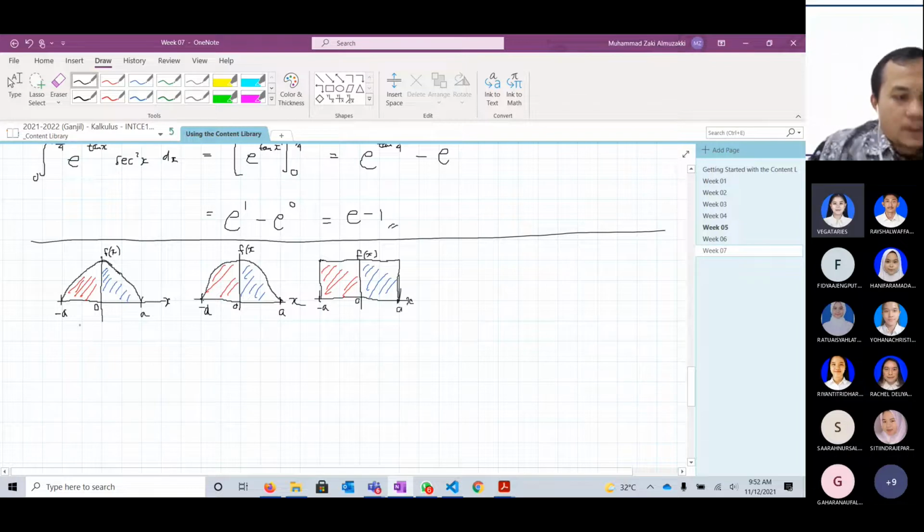Since we have the same symmetric interval from minus a to a, then the area, the red one and the blue one, are the same, they are equal. Then instead of the integral from minus a to a of f(x) dx, we can just compute it as 2 times the integral from 0 to a of f(x) dx, yeah.